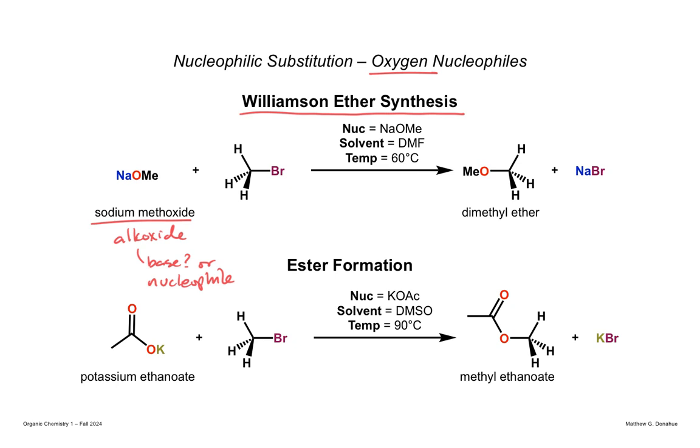And you have to diagnose the conditions to determine, is it acting as a base, which will abstract a proton, or a nucleophile, which is forming a bond to carbon. So under these conditions, it's going to do SN2. So Na plus, O minus. That will get us the displacement to generate now an ether. So as the name says, it's always going to generate an ether.